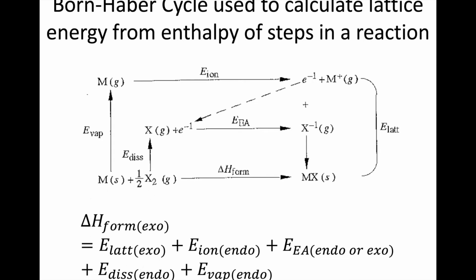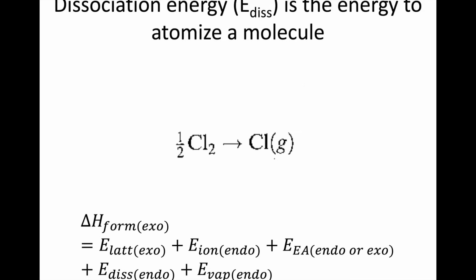This is the generic reaction, but you can very easily do the same type of schematic or Born-Haber cycle for any other type of material like sodium chloride or any other material that we want to examine for this process. Let's take it step by step and look at sodium chloride as an example.